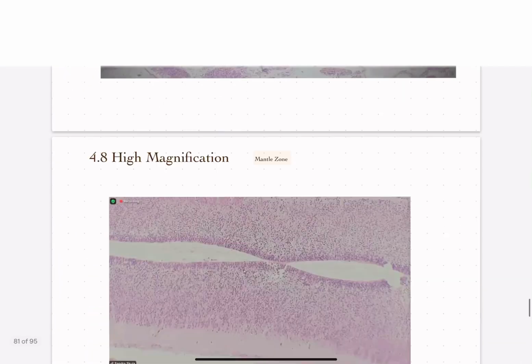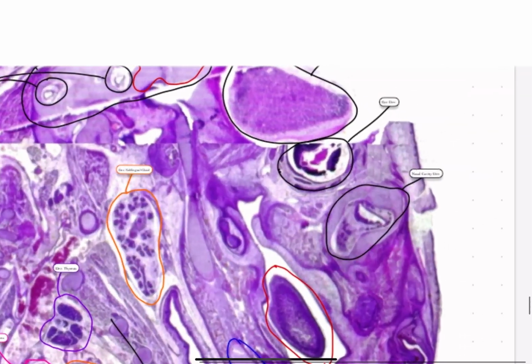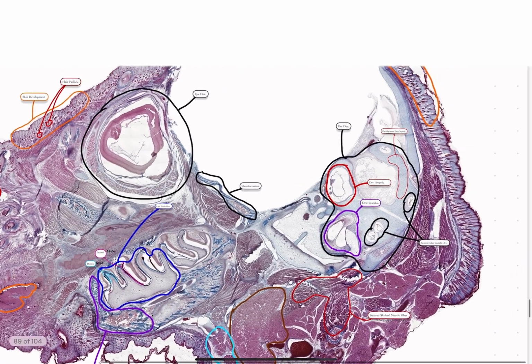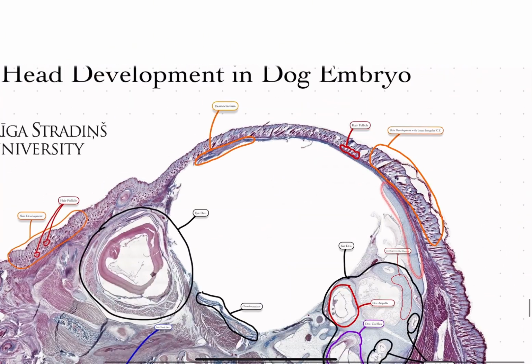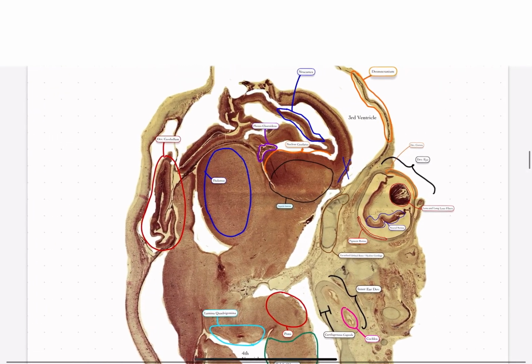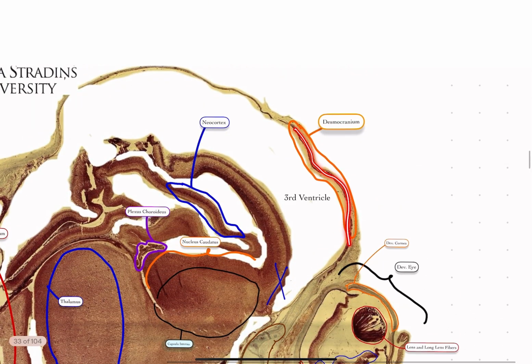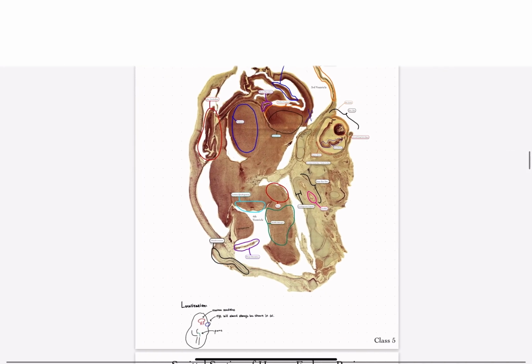You can find it both in these sagittal sections of the head, or in the brain development here. For example, this is more of the chondrocranium, this right here. There we go. This being the orbital bone. Here we have the desmocranium, and then the chondrocranium right here on the back.